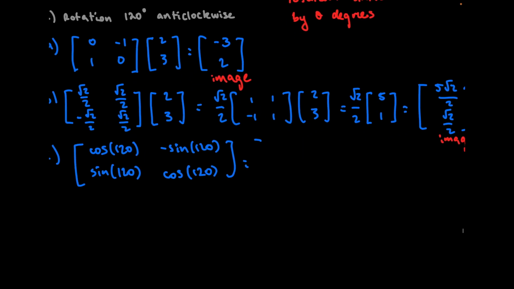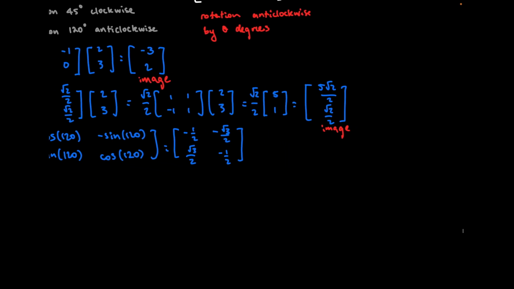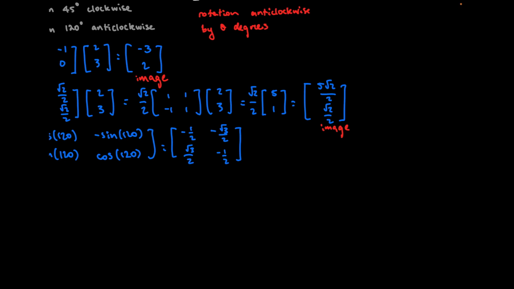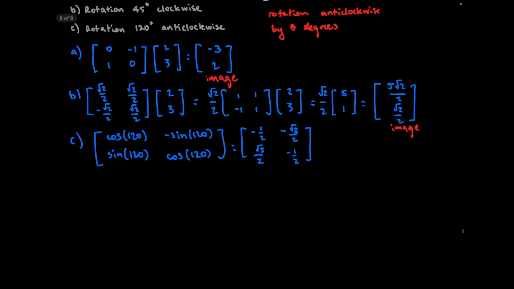So cos of 120 degrees is going to be minus a half, then minus root 3 over 2, root 3 over 2, and then minus a half. And again, I'm simply going to factorize out a minus a half first. So our transformation will be minus a half times 1, root 3, minus root 3, and 1.